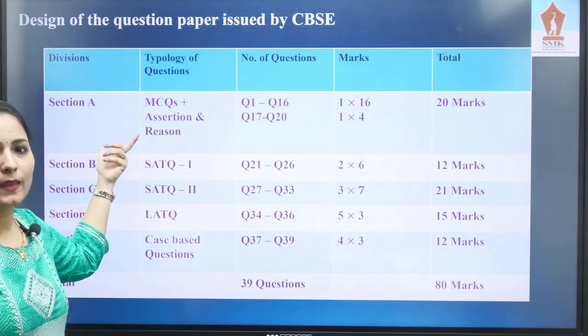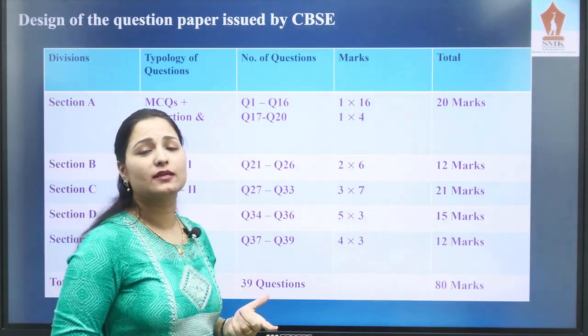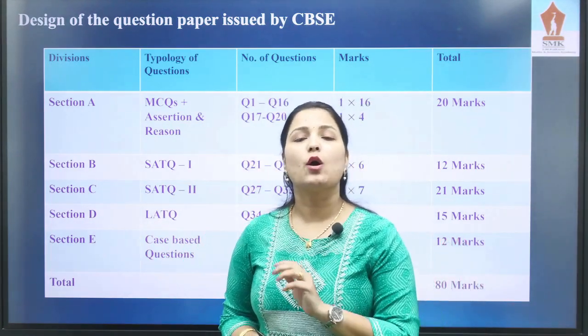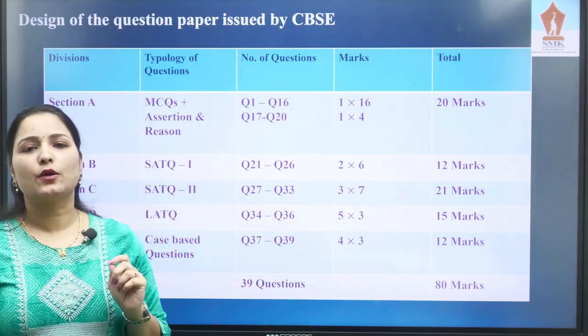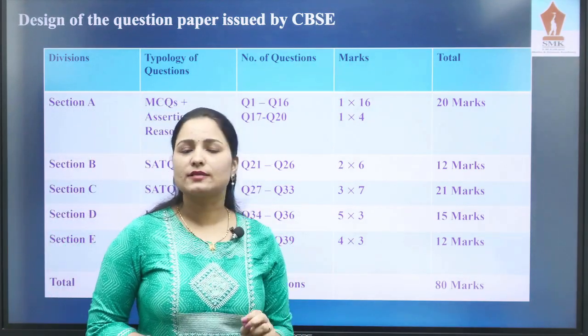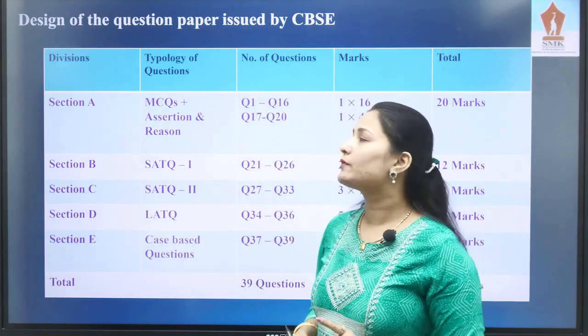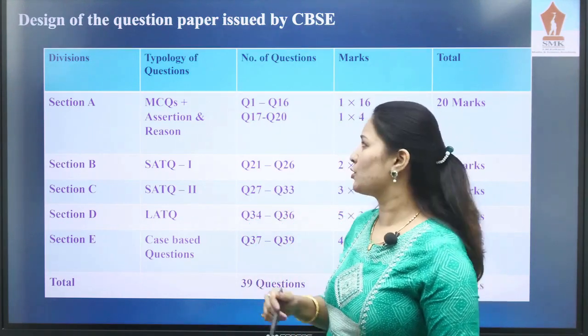Section A, again I'm going to tell you that Section A is a very important section, as it has MCQs and all 1 marker questions. So the marks are fully in your hand. The questions asked are knowledge based questions, okay? So you don't have to lose your marks in this section. Here you must assure full marks.